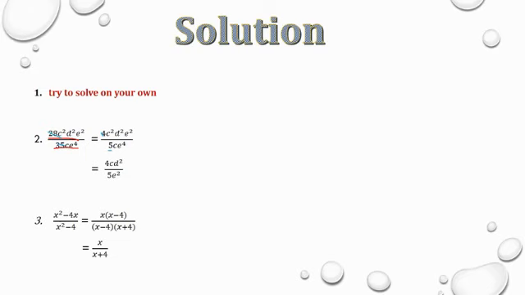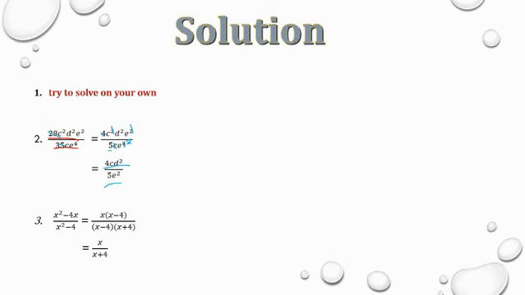If we divide both the numerator and the denominator by ce squared, we get our numerator being 4cd squared and our denominator as 5e squared. So we have simplified that fraction, okay?